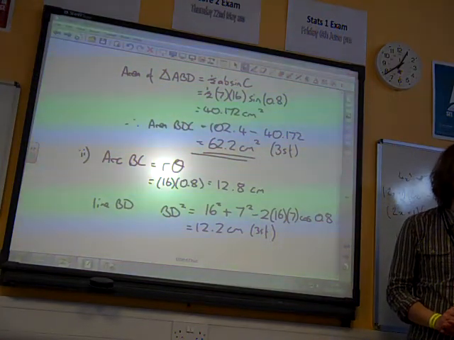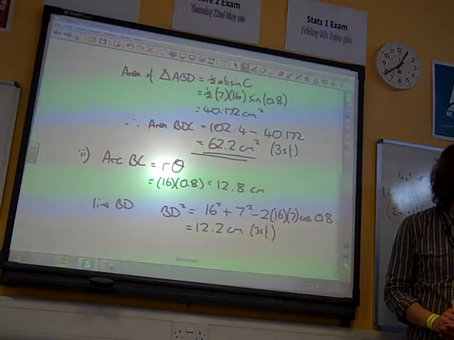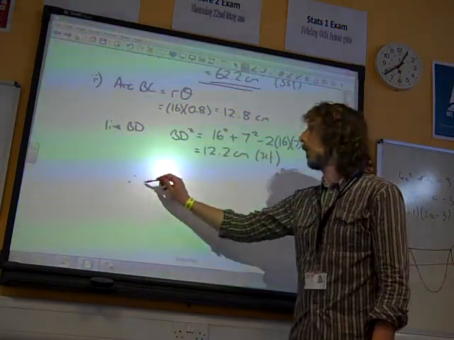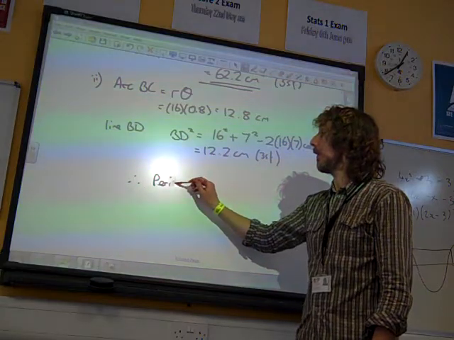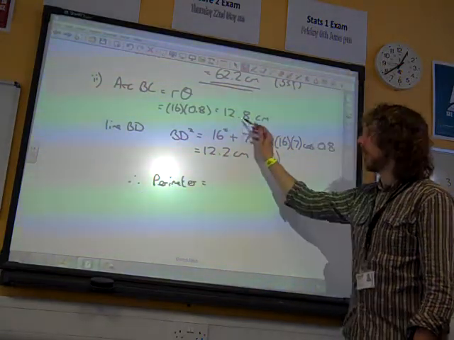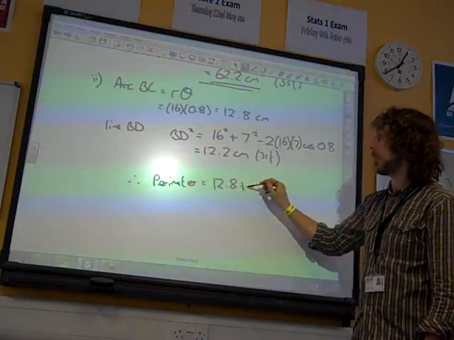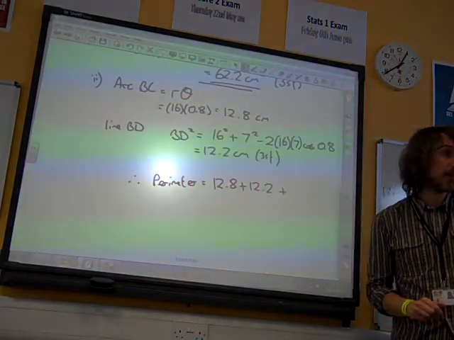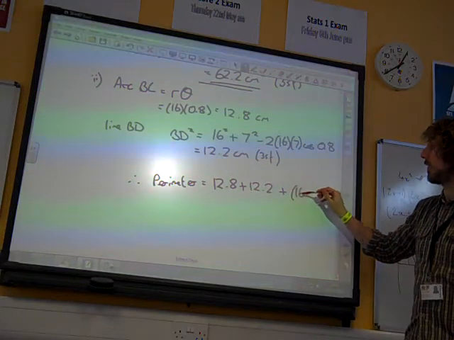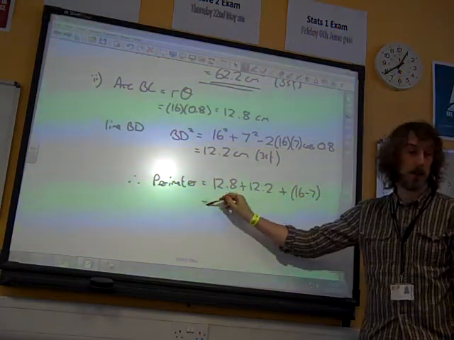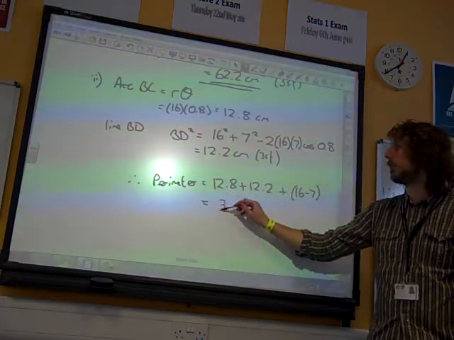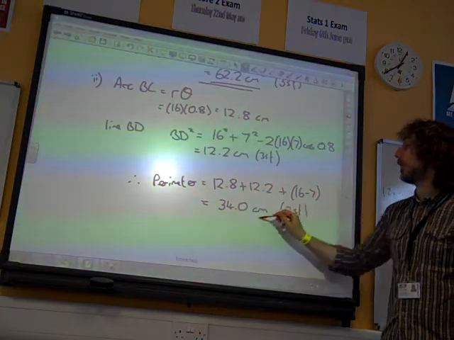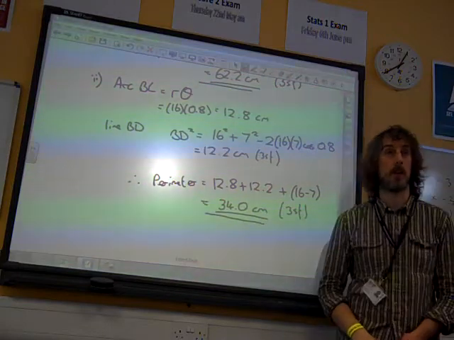Again, in our final calculation, we're going to use the unrounded, the full value for that. But therefore, the perimeter is the 12.8 plus the 12.2 plus that other side, which is 16 minus 7, or 9, and that gives us 34.0 centimetres to 3 significant figures.